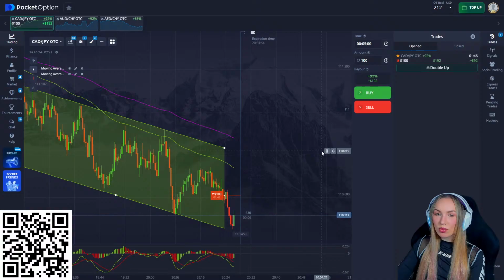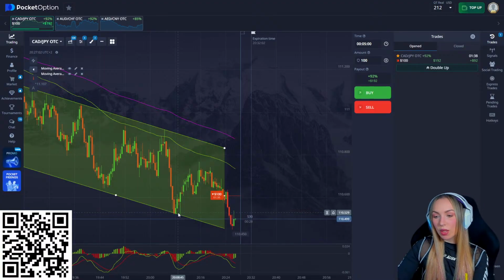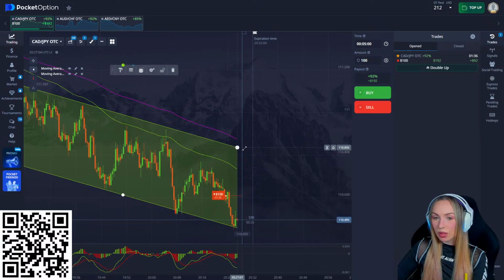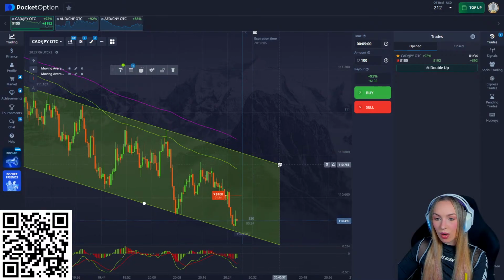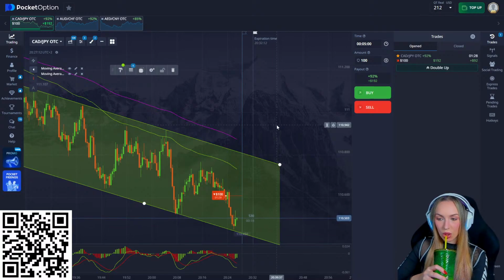Now we're waiting for CADJPY. There is almost 2 minutes of waiting, and the price actually right now is touching the support. I hope that the price is not gonna go up, because maybe 5 minutes were too much for this chart.